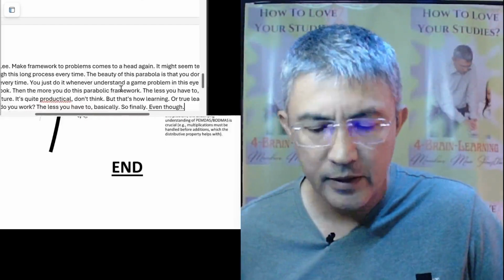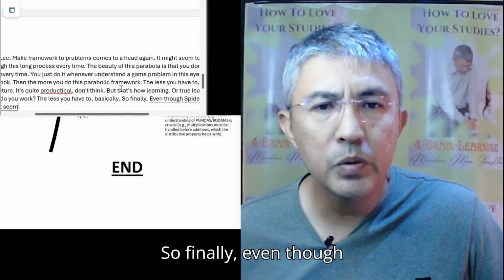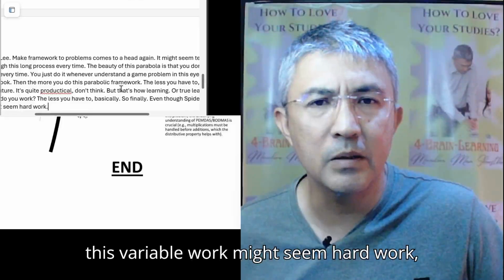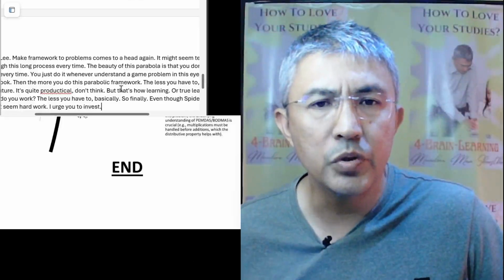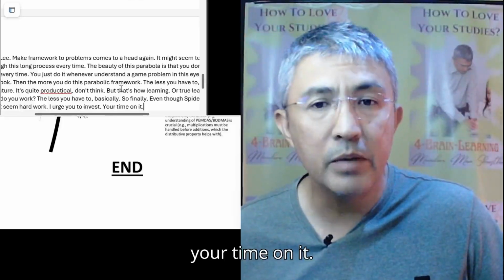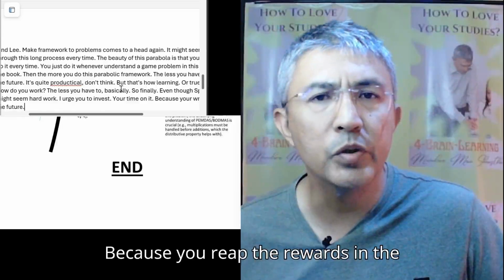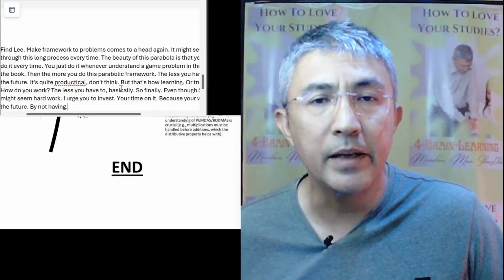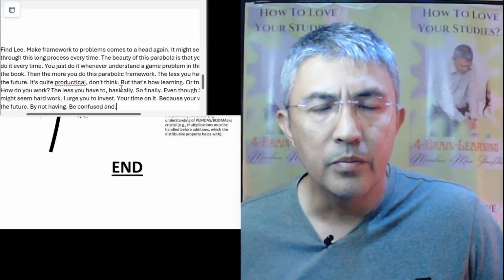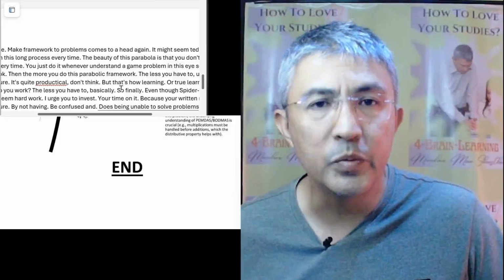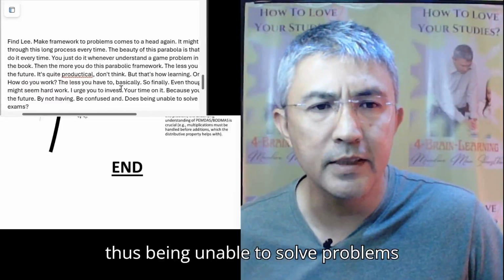So finally, even though this parabolic framework might seem hard work, I urge you to invest your time in it, because you'll reap the rewards in the future by not being confused and thus being unable to solve problems in exams.